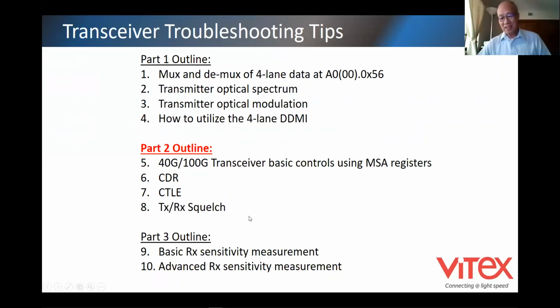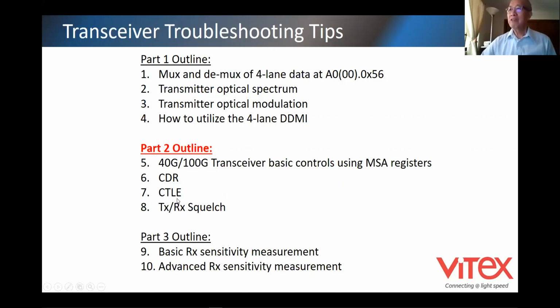Hello, everyone. So I'm going to continue to share with you some basic troubleshooting skills today on the 40G and 100G transceiver. As I highlight here, I'm going to point out what registers are there, some useful ones, and how to set the CDR, and also set the CTLA, and lastly to set the transmitter and receiver squelch.